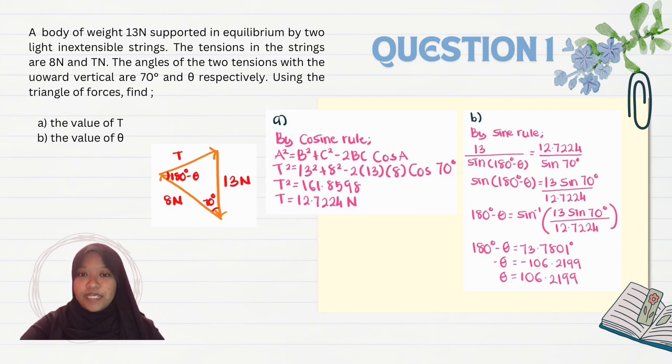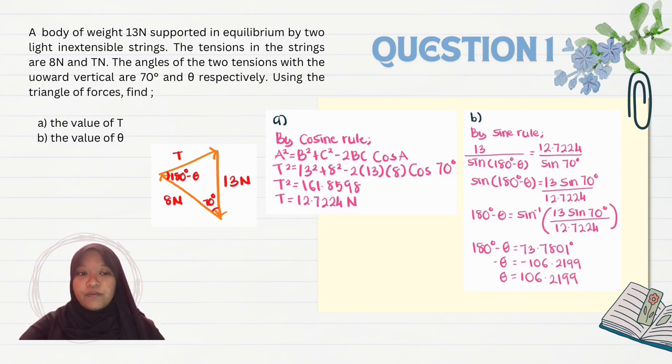And for B, we want the value of theta, so we can use the sine rule. The formula of the sine rule is a over sine A equals b over sine B. So we substitute the numbers: 13 over sine of (180 minus theta) equals 12.7224 over sine 70.